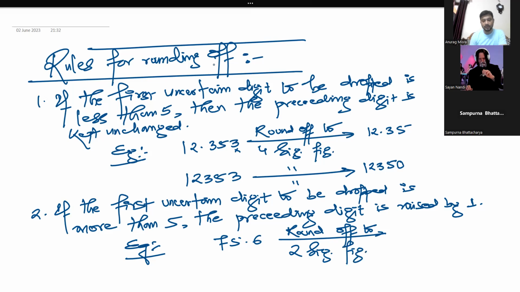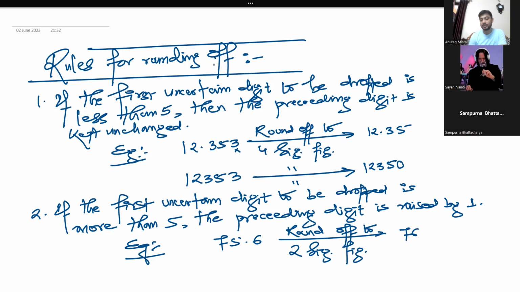So how many significant figures we have? 7, 5, and 6. So पहला दो significant digit कौन-कौन है? 7 और 5. 6 is the first insignificant digit to be dropped, और वो 5 से बड़ा है. तो क्या करेंगे? Previous digit को 1 increase कर देंगे. So the result will be 76.